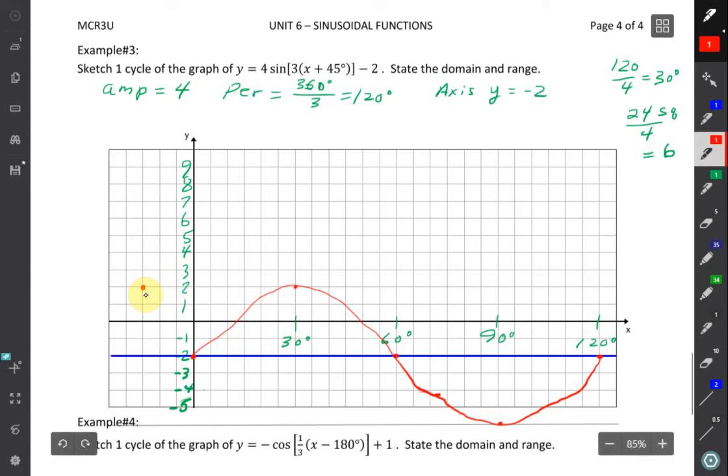And then we do that with all the points. And this point here, 1, 2, 3, 4, 5, 6, 7, 8, 9. And finally this point, 1, 2, 3, 4, 5, 6, 7, 8, 9.